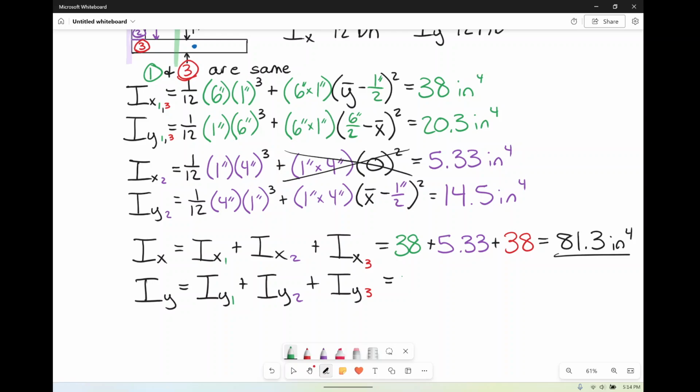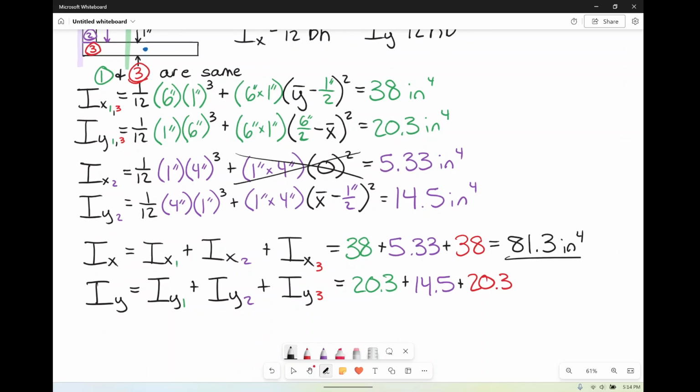Iy for shape number 1, 20.3 inches to the 4th, plus for shape number 2, 14.5 inches to the 4th, plus shape number 3, the same as number 1, 20.3 inches to the 4th. We're going to get 55.1 inches to the 4th.